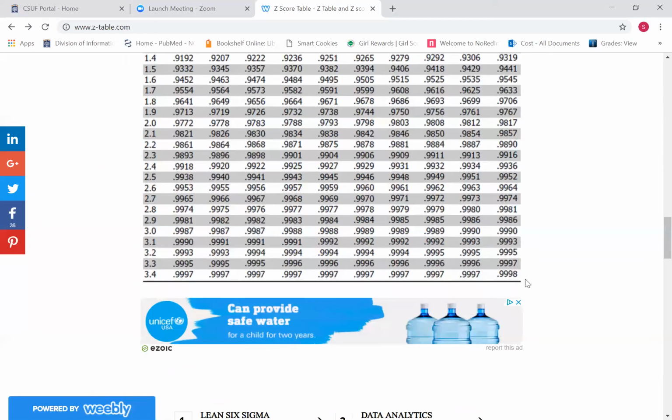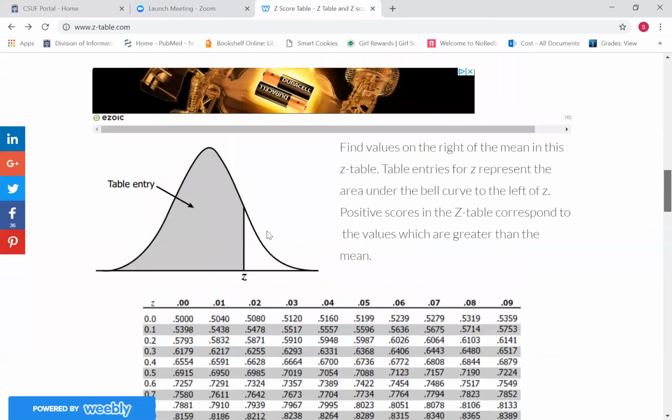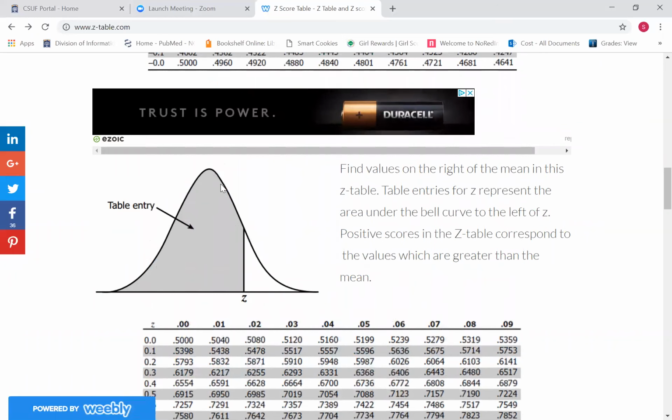Well, remember, under the entirety of the whole curve is the whole range. So all of this shaded area under this curve does add up. It is 1, you know, all the way down here. The probability of all of this equals 1. So what you're trying to find is the probability of each point, each value within the data set.